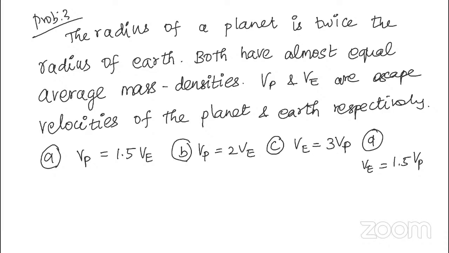We notice the problem, the radius of the planet is twice. That information they are given, and the mass and the density value should be equivalent for both. So for the planet and Earth, mass is equal and density is equal.